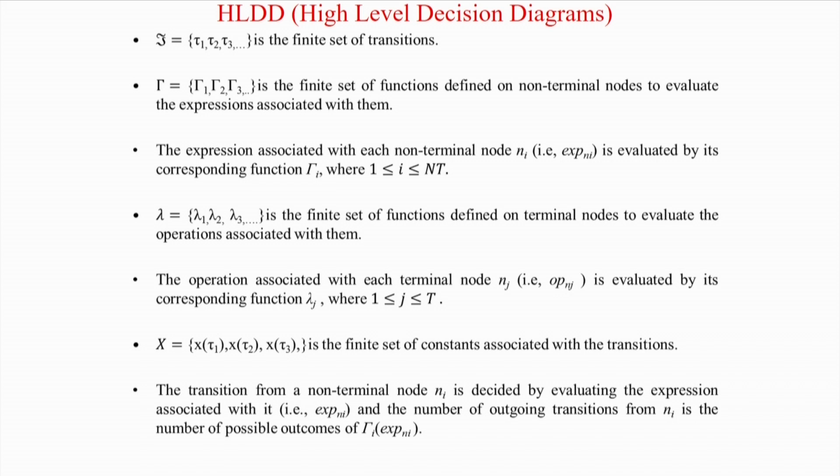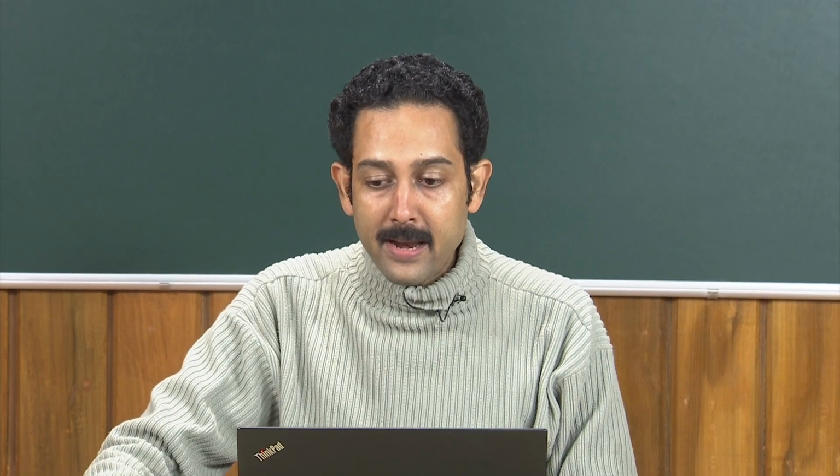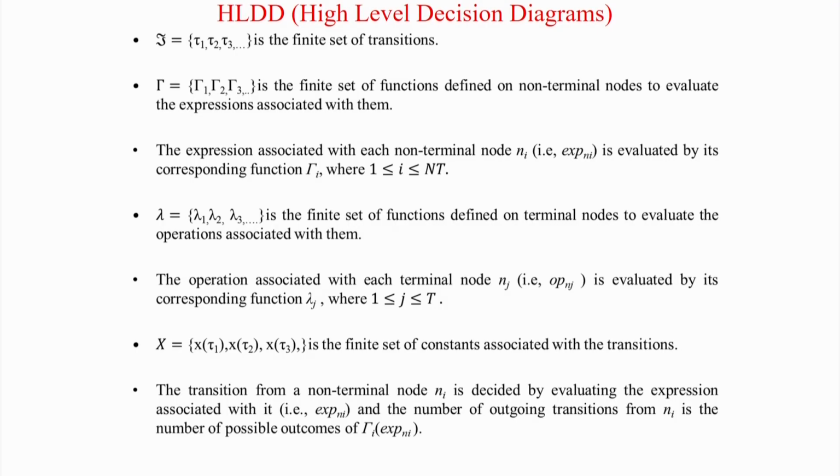There is another important thing which is additional compared to any normal finite state machine or DFA structure. There are some finite functions dependent on the non-terminal nodes to evaluate the expression associated with them. We will see later why they are used. The expression associated with each non-terminal node Ni is evaluated by tau i.